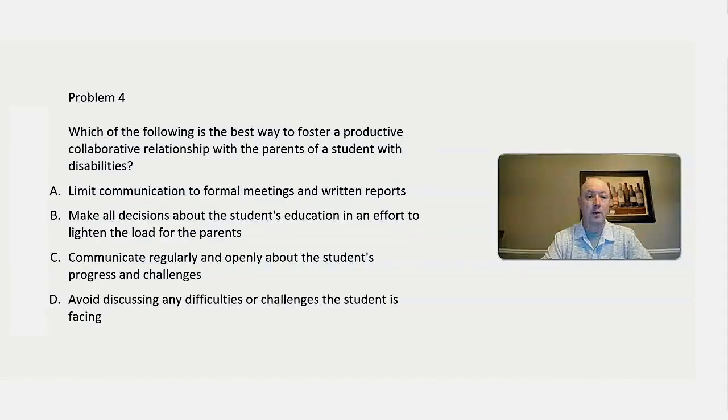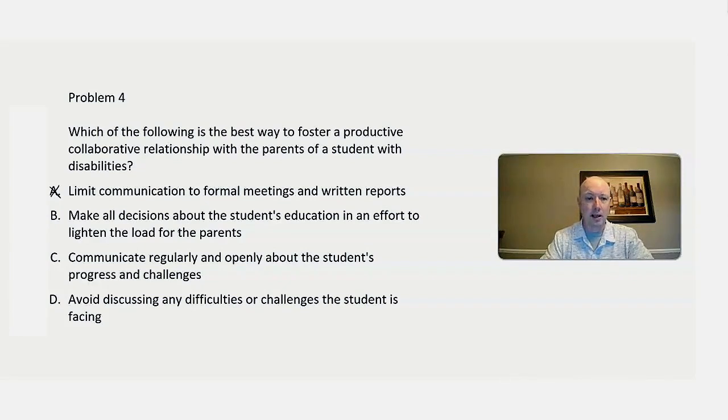Problem 4. Which of the following is the best way to foster a productive, collaborative relationship with the parents of a student with disabilities? So choice A says limit communication to formal meetings and written reports. So I'm going to eliminate choice A because we don't want to just communicate through the formal meetings and written reports. We want to talk to our parents, make phone calls home, things like that.